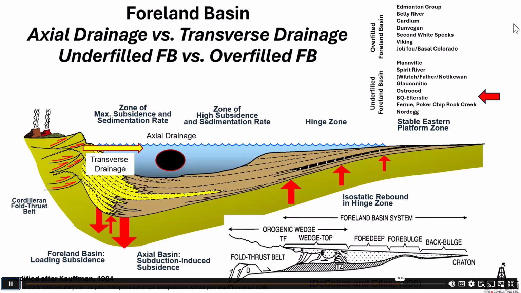So to tie this all together, on the big scale within a foreland basin setting, we have this type of geometry, the asymmetric geometry that's associated with it. On the gross scale, there's an axial drainage and a transverse drainage that operates in the unit. Where you have axial drainage going from south to north, we're associated with the underfilled portion of the larger scale event that's occurring, and where it's going from west to east, you're in the overfilled portion of it.